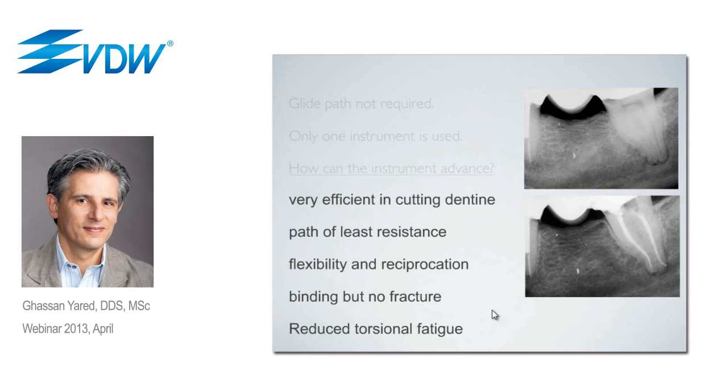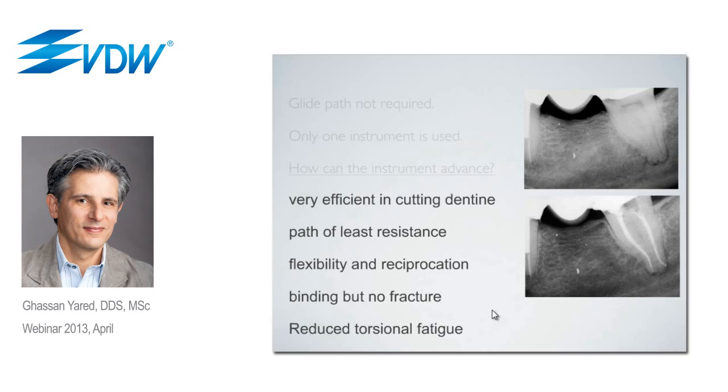So it is a flexible instrument. So we have an instrument that cuts very well. It will go into the canal. It will not transport or ledge the canal because it is used in reciprocation and because it is a flexible instrument made from nickel titanium.